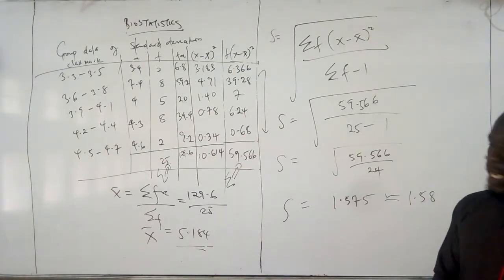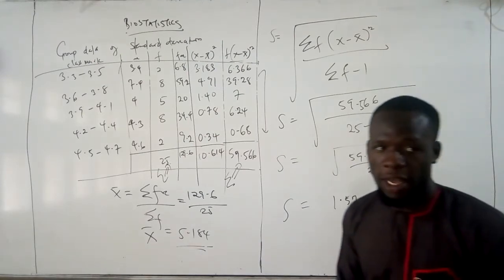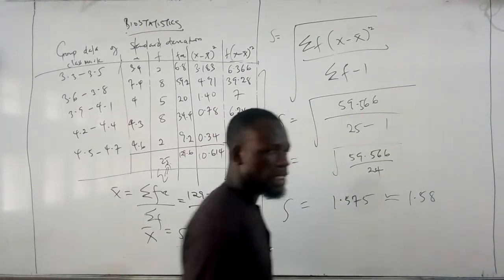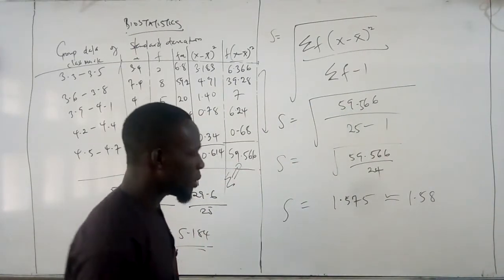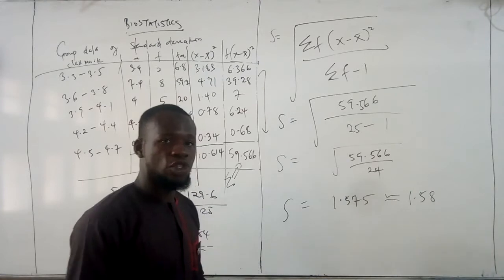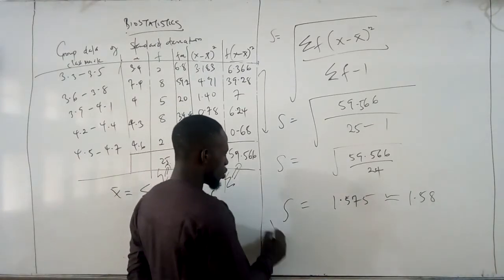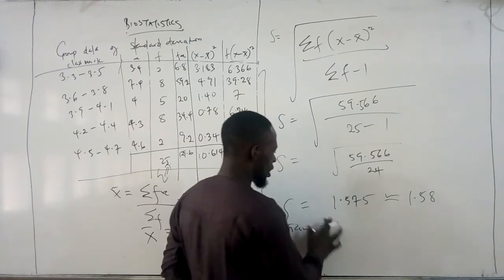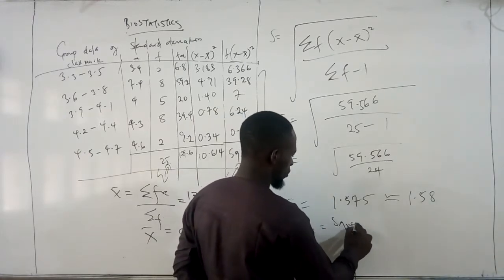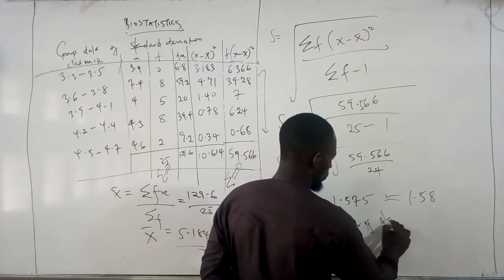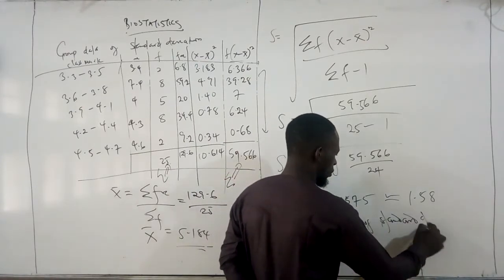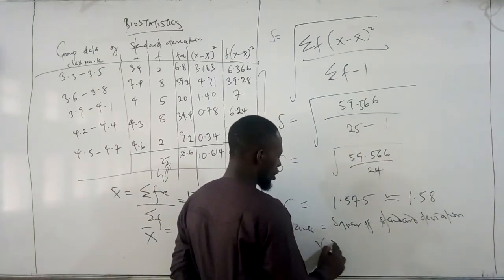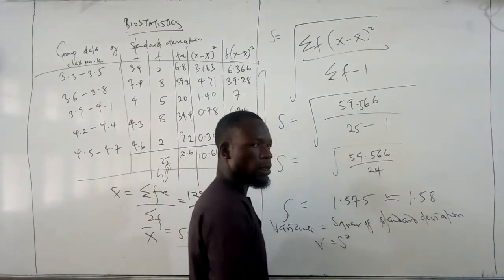I hope you all understand this. Now, if you want to get our variance from this standard deviation, it's just the square of it. Just like how we explained it in our last class, even on group data, getting the variance is just the square of the standard deviation. So that means our V is equals to S squared, right?